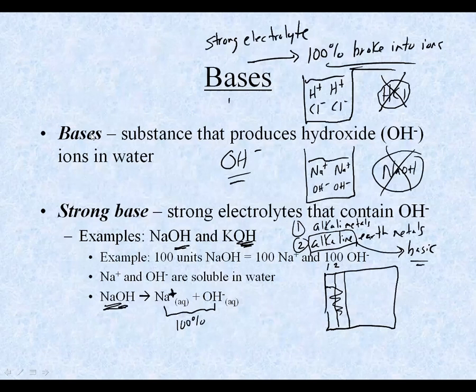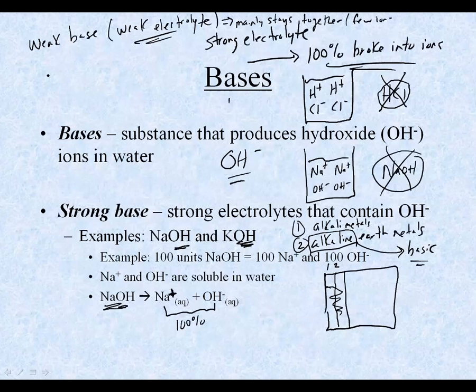Now, some bases don't actually have hydroxide in the formula, but they're able to produce hydroxide. A very common example is something that's a weak base. A weak base is a weak electrolyte. And a weak electrolyte, unlike a strong electrolyte, mainly stays together, but does produce a few ions.